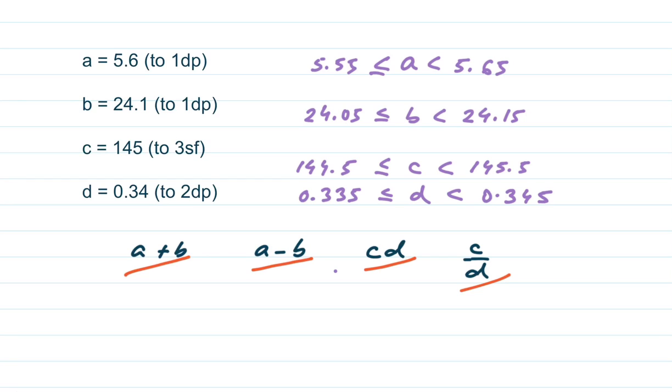Now that we have all the lower and upper bounds of A, B, C, D, we can start finding the lower bound and upper bound for A plus B, A minus B, C times D, and C divided by D. So let's get started.